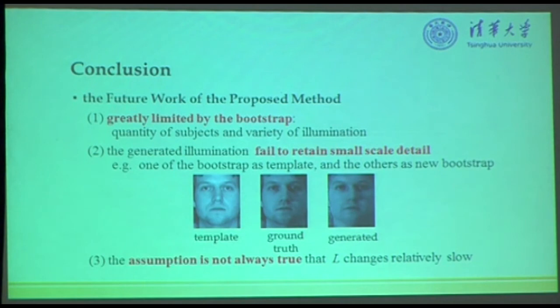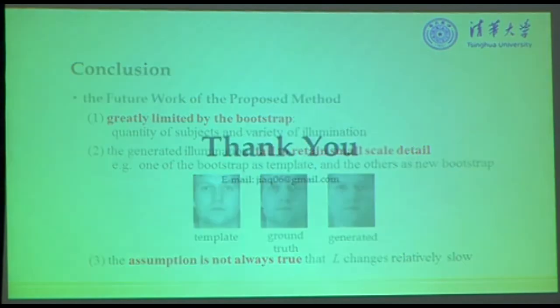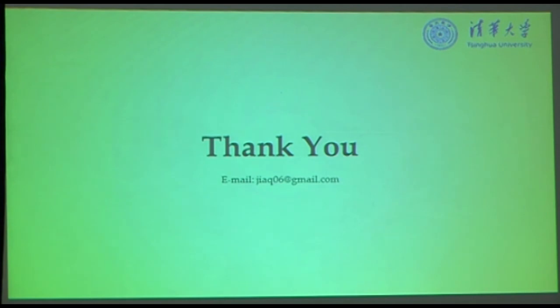That's not like the one with the heavy shadows. In the shadow's edge, the light changes very sharply, which will not happen in our case. So that is all of my speech. Thank you very much.